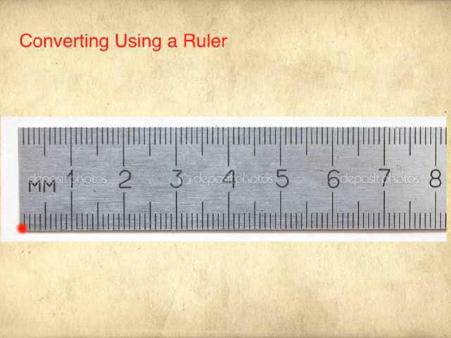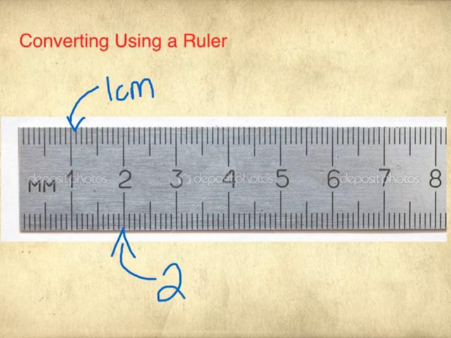The little lines in between are the millimeters. So we know that this line here, where I put the arrow, is 1 centimeter. We also know that this large line here is 2 centimeters. And I'm sure you understand by now that this line here would be 3 centimeters, and here would be 4 centimeters.